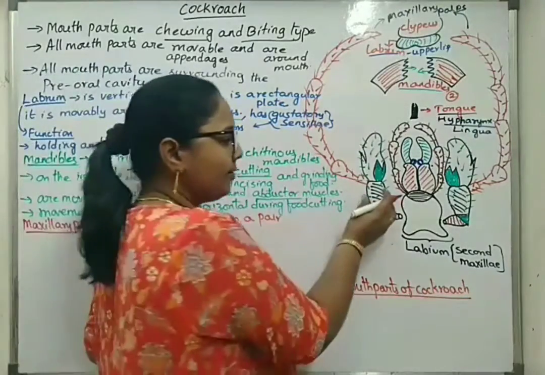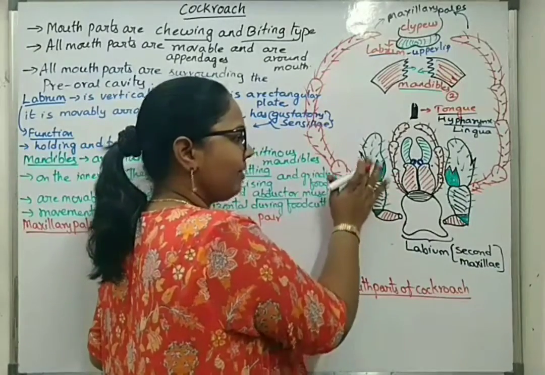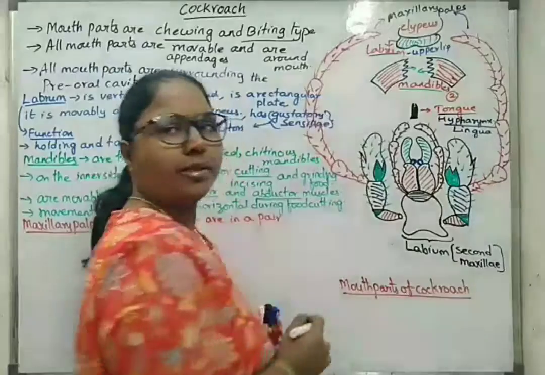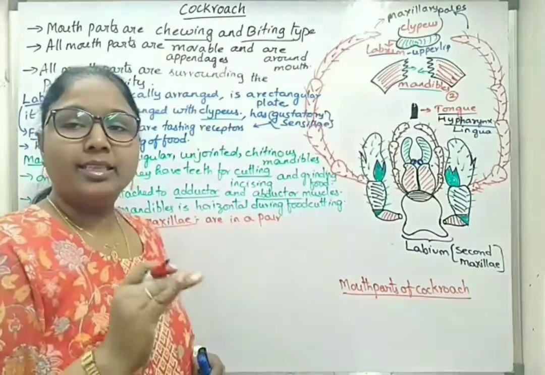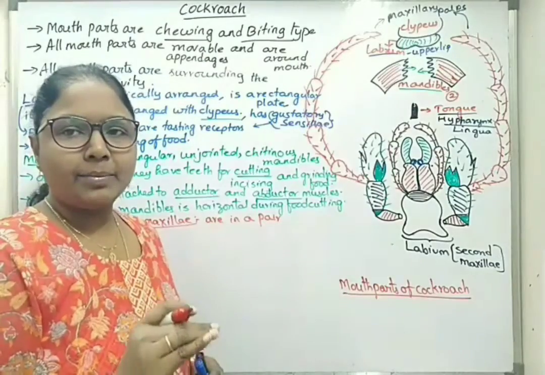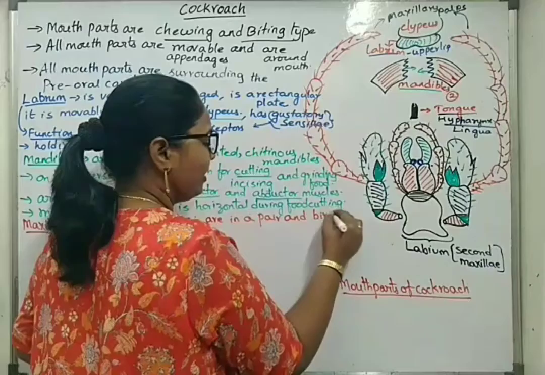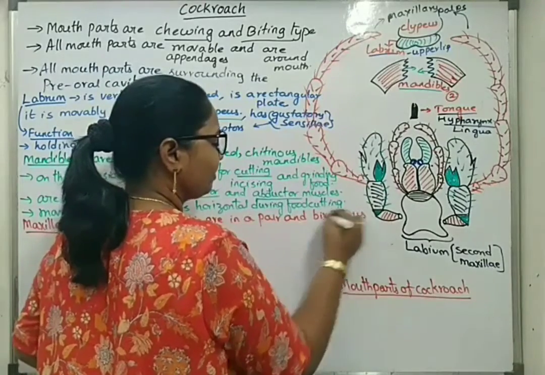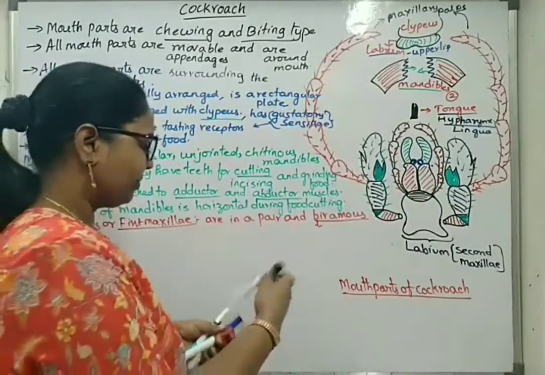If you take this complete structure as the base, it has one branch here, another branch here. When a structure has such two branches, the term given is biramous. Biramous in nature. Biramous means having two branches.